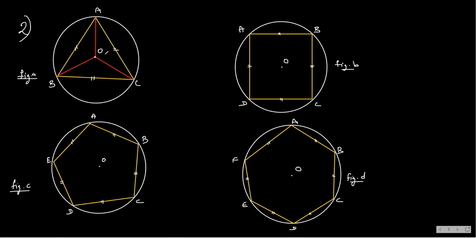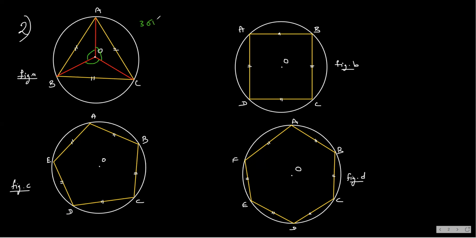So if this center is O, in this case, what will happen? This central angle will be divided into 3 equal parts. Understand that these 3 angles are equal because they are subtended by equal chords. Now you know that the angle around the center of a circle is 360 degrees.